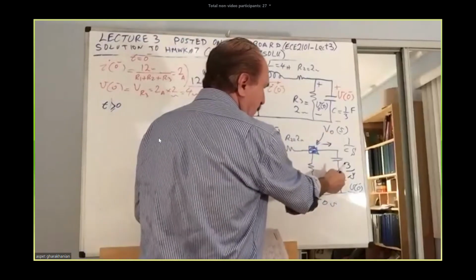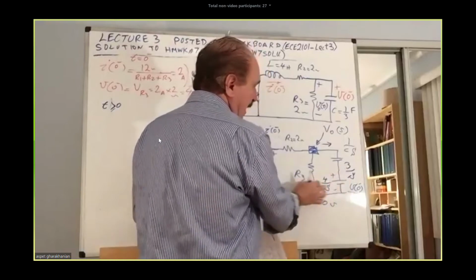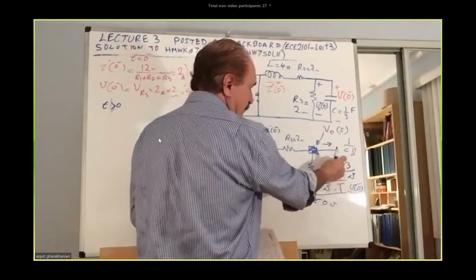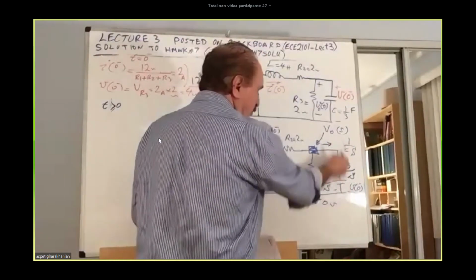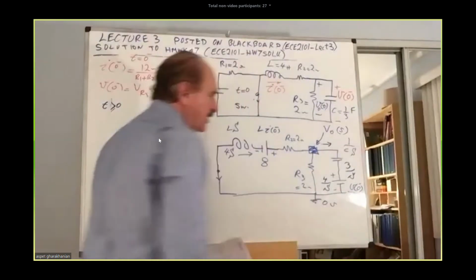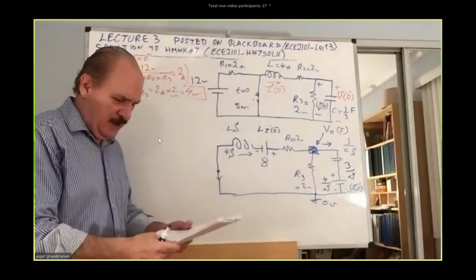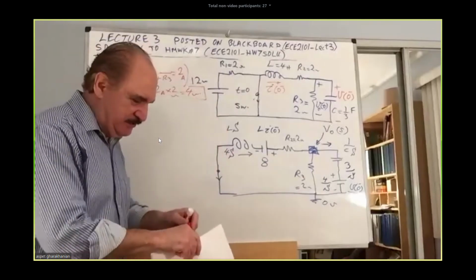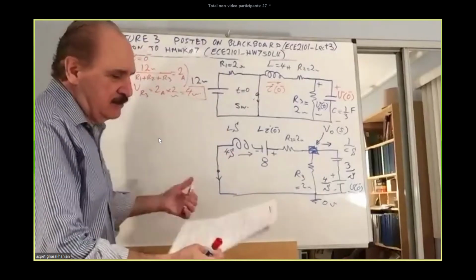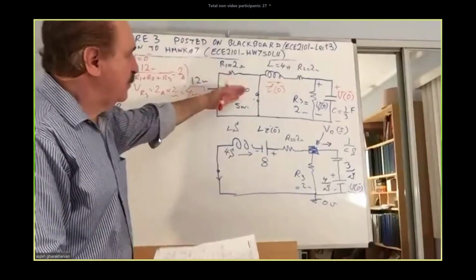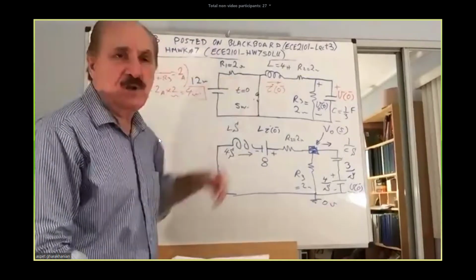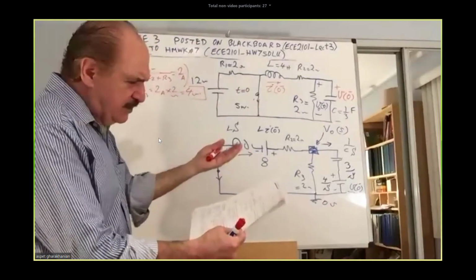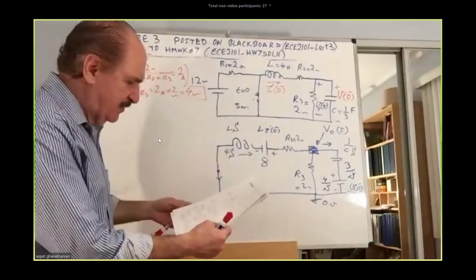For the battery here, you won't have any more V0. It will be like just nothing. Capacitor would be there, 3 over S. The circuit would simplify considerably without initial conditions. But we are trying to be realistic. There was the problem, switch was open, now it's closed. This is a pretty serious problem and we're trying to solve it.